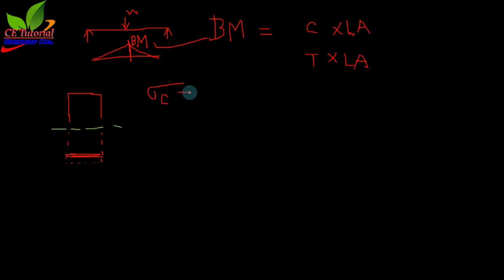Sigma CBC equals modular ratio m multiplied by sigma ST. Okay, this is one relation, and another relation is area of concrete equals modular ratio multiplied by area of steel.